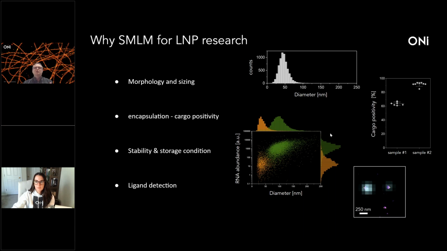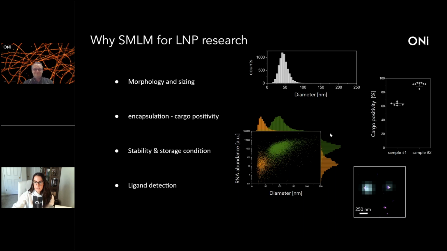To make the molecule switch on and off, you need buffers which contain thiols and glucose oxidase. And therefore, there is a limited number of fluorophores. However, at ONI, we have a list of fluorophores which are compatible with our Nanoimager and with our imaging buffer. So if you go to our webpage, you'll find a list of fluorophores that are compatible with our imaging buffer. So that's how it is.